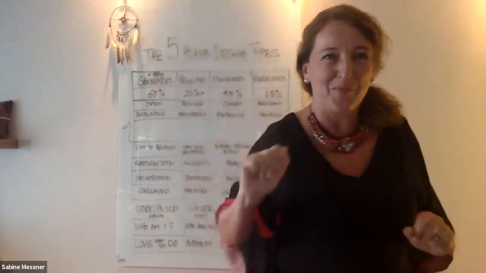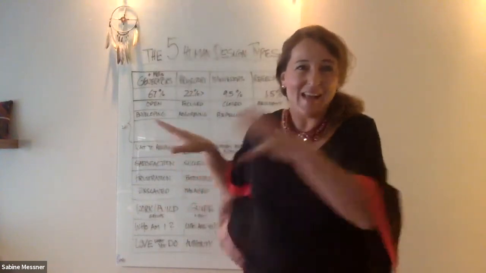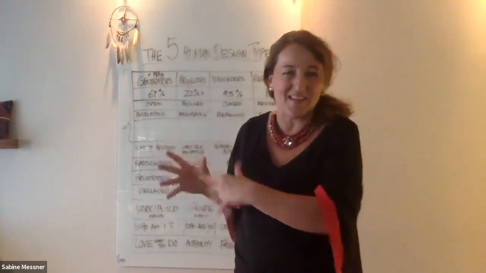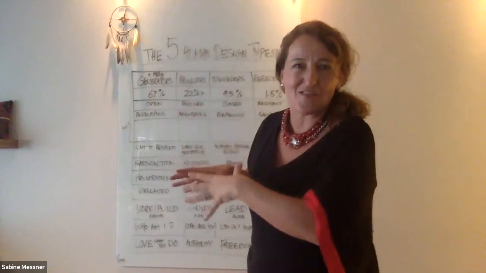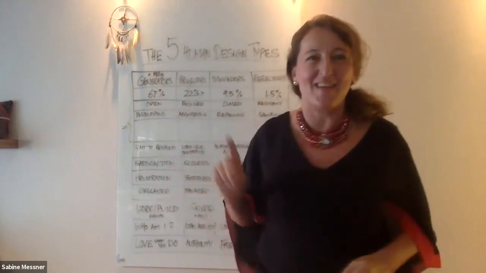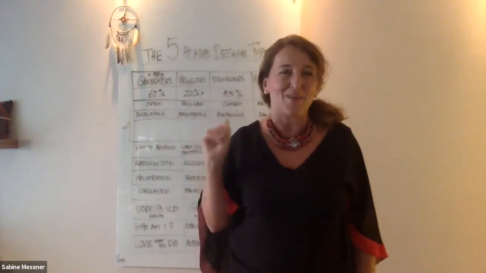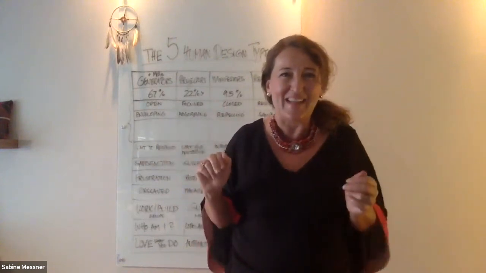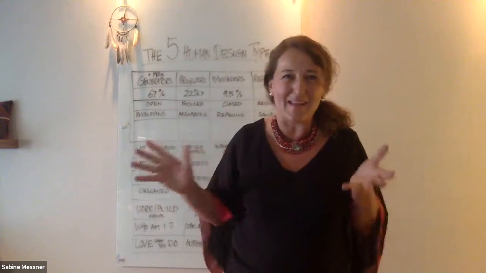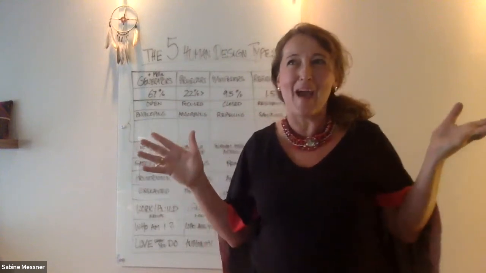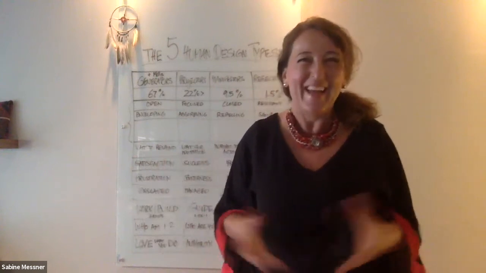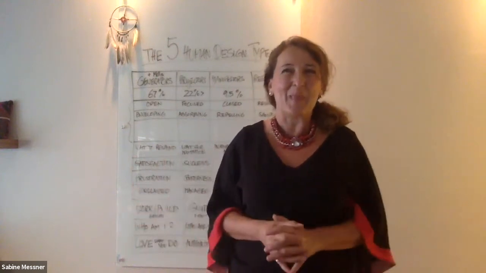A handful of projectors are over there. Less than that are the manifestors. Maybe there's a couple dozen projectors, a handful of manifestors, and then if we are lucky, usually there is one reflector, and that reflector usually comes in and out of the room, doesn't really want to necessarily be there, may have regrets that he or she even signed up in the first place.